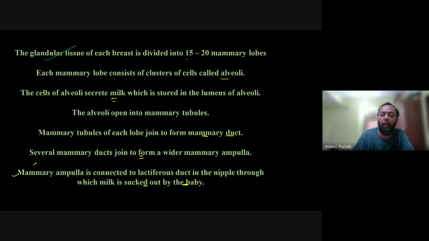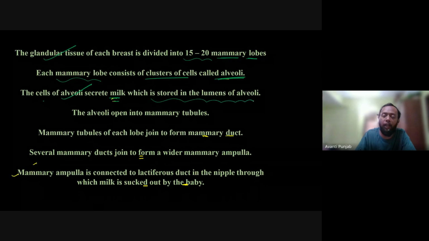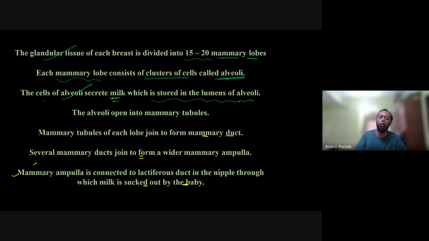The glandular tissue of the breast is divided into like 15 to 20 mammary lobules, right? Each mammary lobe consists of a cluster of cells called alveoli. आपको cluster of cell यहाँ पे दिख जाएंगे, column में alveoli over there. The cells of the alveoli secrete milk, which is stored in the lumen of the alveoli. So पहले हम milk formation करके वहाँ पे store करते हो, but from there it will get inside the mammary tubules, जो मैंने आपको यहाँ पे बताया था.